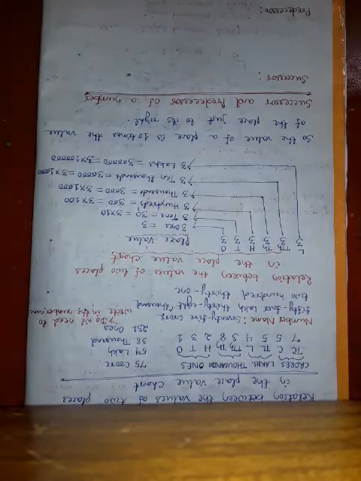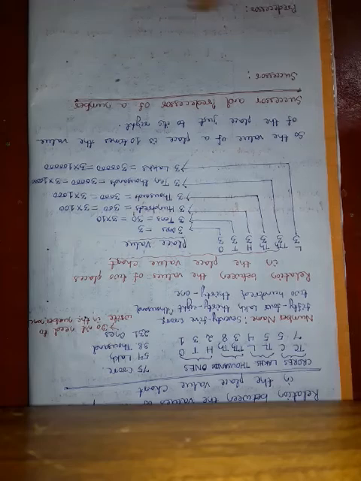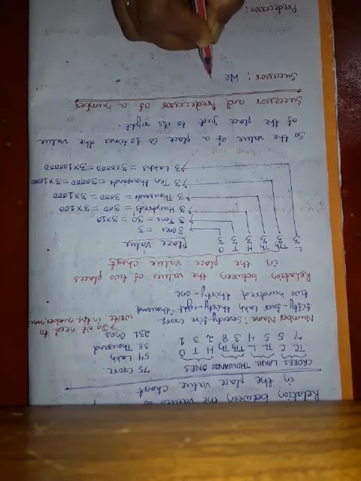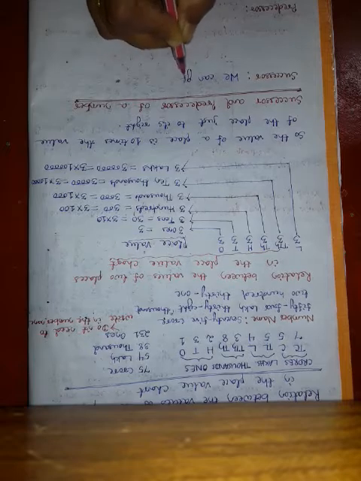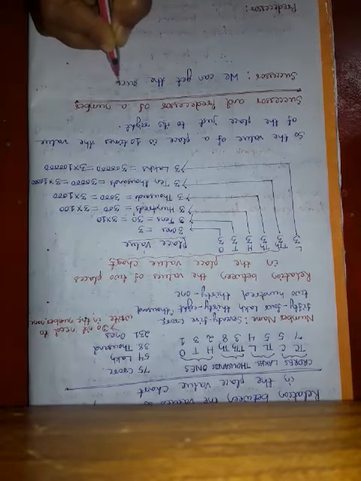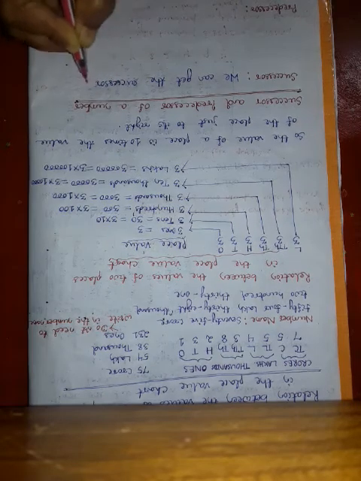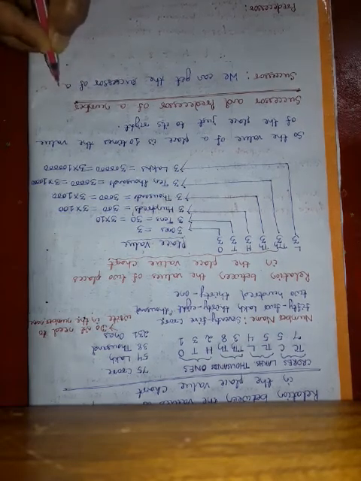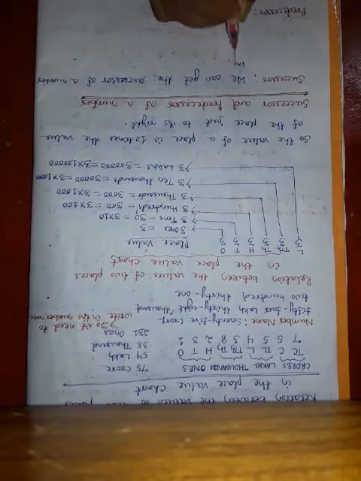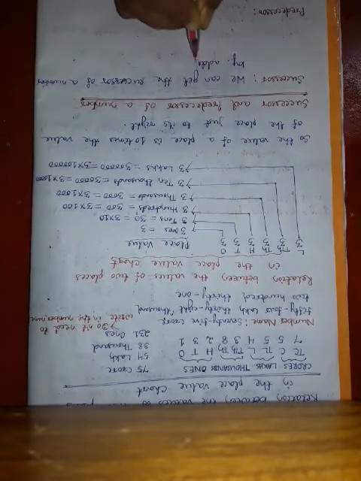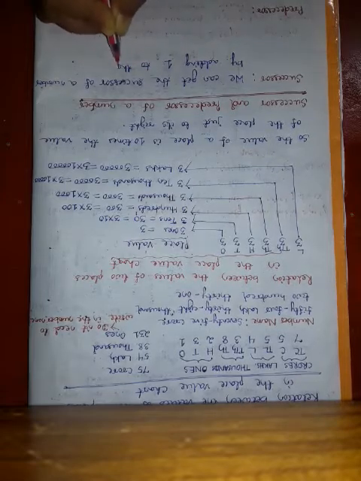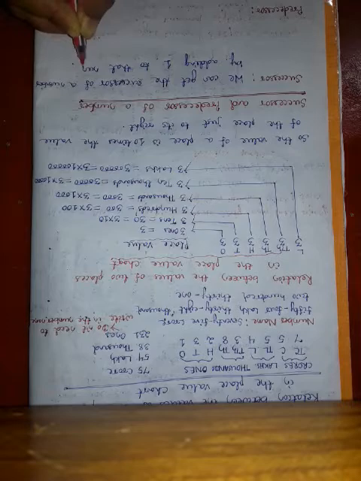Let us see what is the successor and predecessor of a number. We can get the successor of a number by adding 1 to that number.